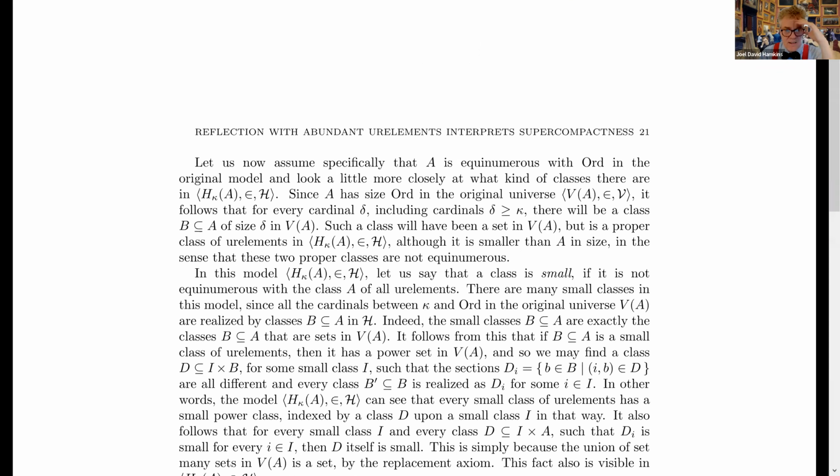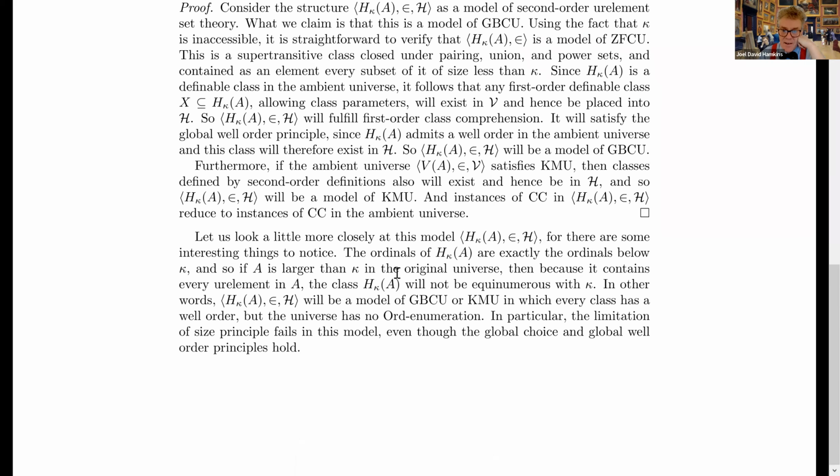So kappa was an inaccessible cardinal, and the ordinals are, of course, exactly kappa, but the class of urelements is now much bigger because it used to be a proper class in the original model, or ord many even, which is much, much bigger than kappa. So if we had ord many urelements to start with, now we've got this KM model where the number of urelements is extremely big in comparison with the number of ordinals.